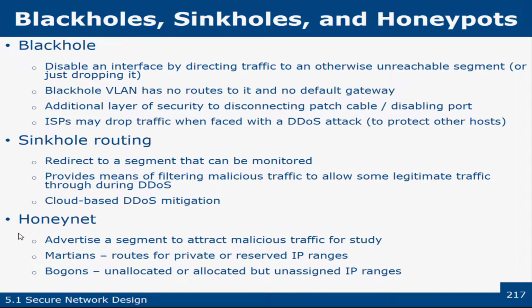Martians. This is a route for private or reserved IPs, and bogons, unallocated or allocated unassigned IP addresses. Interesting names, right? On the exam, you're going to be expected to know black hole, sinkhole, and honeynet, and that's fair game. I didn't see anything testing on Martians or bogons, but I don't know. Maybe I missed that on the test.